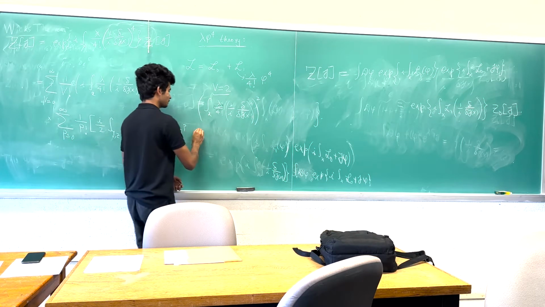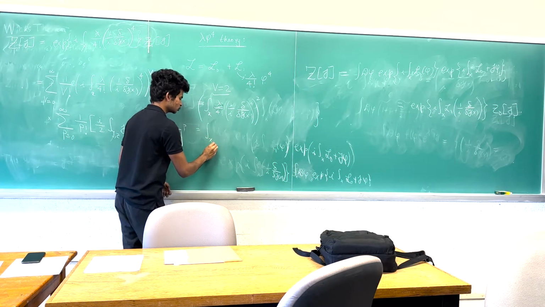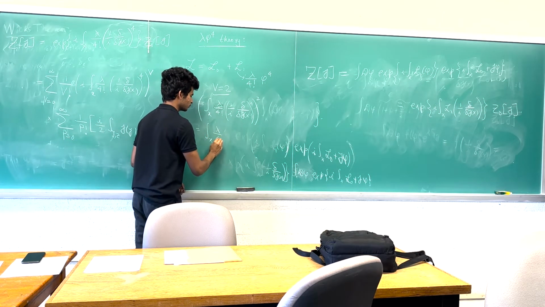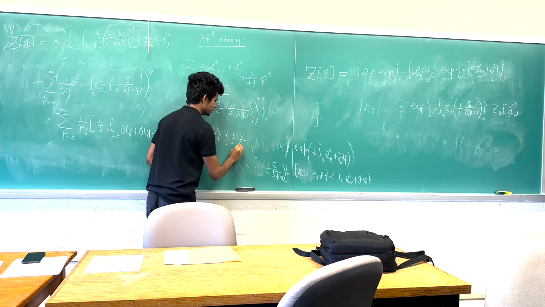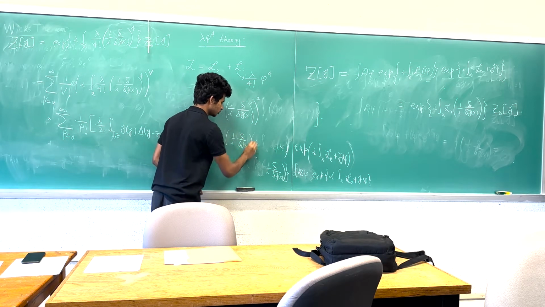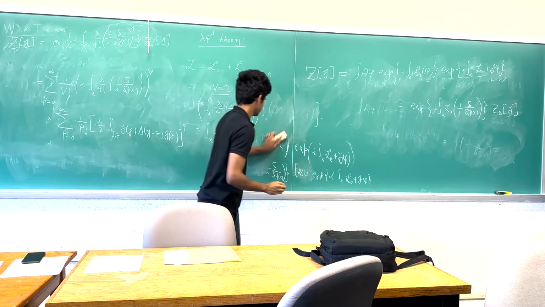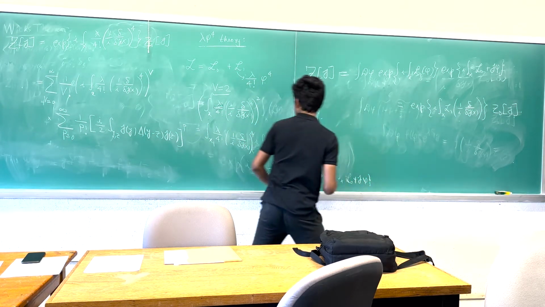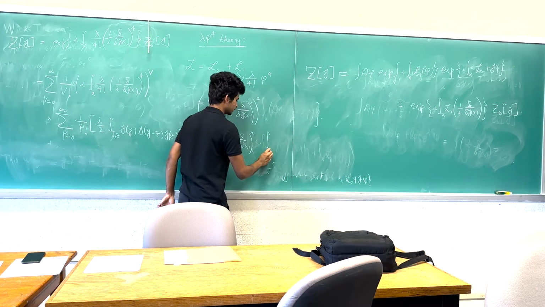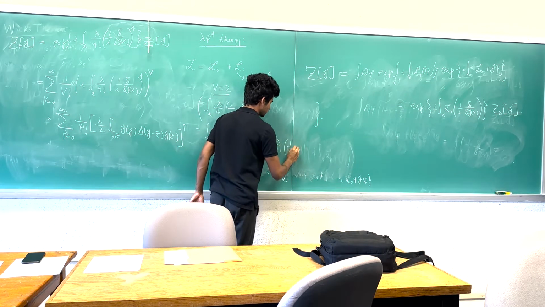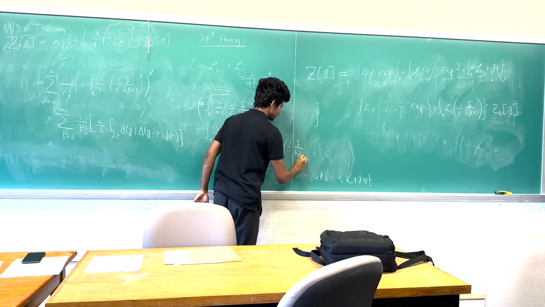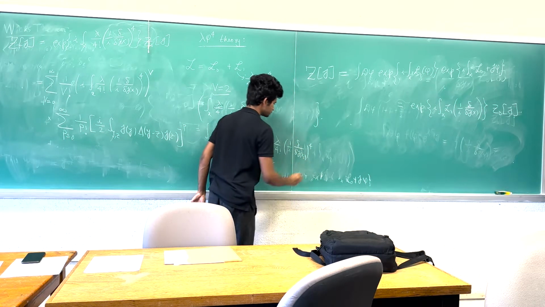It means integral dx1 of lambda over 4 factorial times the functional derivative with respect to J(x1) to the power 4, times integral dx2 of lambda over 4 factorial times the functional derivative with respect to J(x2) to the power 4.